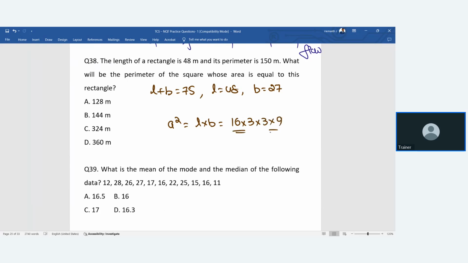So that squaring will be easy. A will be equal to 4 into 3 into 3, which is 36. Now perimeter means 4A. So 36 into 4, which is 144. Option B is perfectly suitable, 144. Very good.